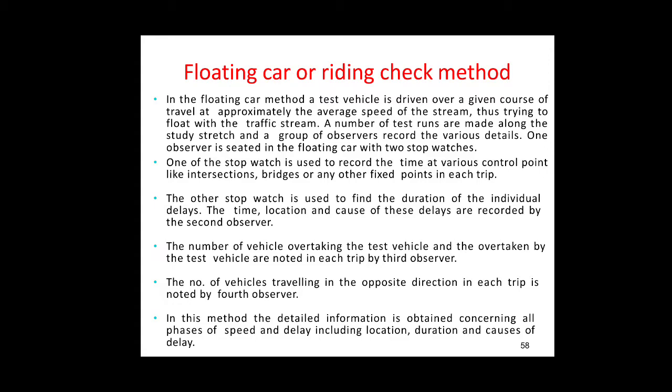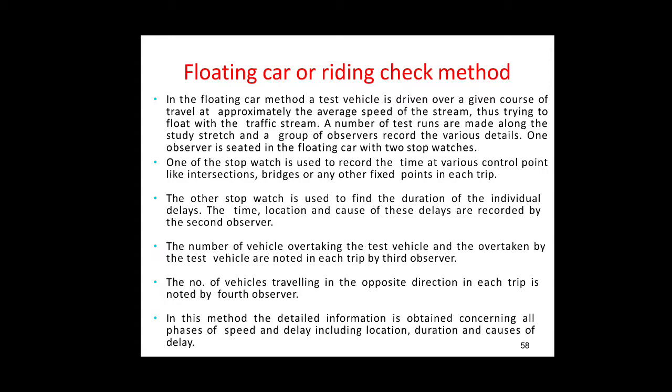That means it gives us actual data on how a vehicle with that average speed moves on that particular stretch of the road, and what actually are the causes of delay at that average speed for a vehicle while moving on that road.